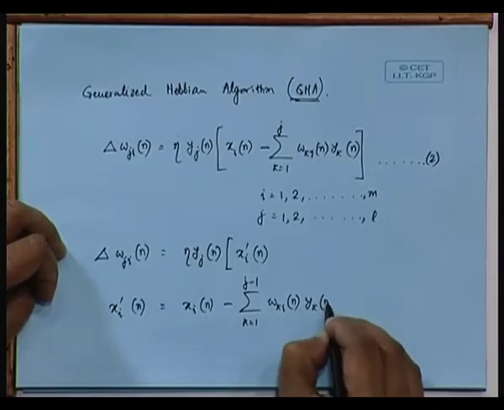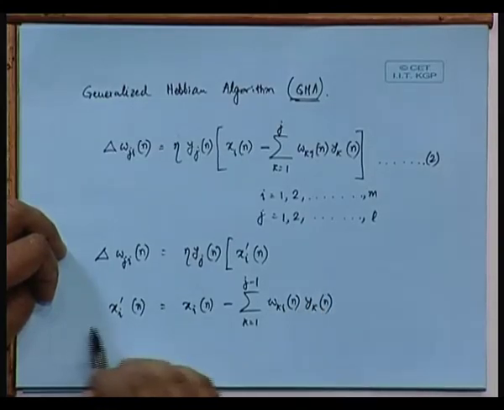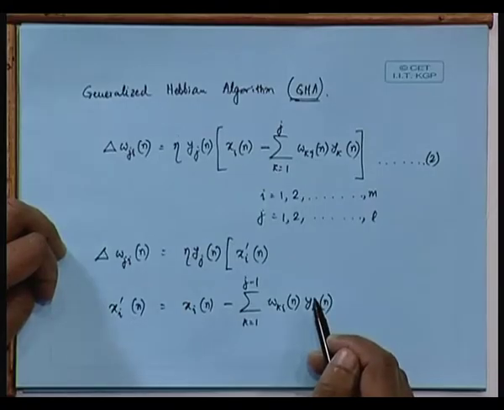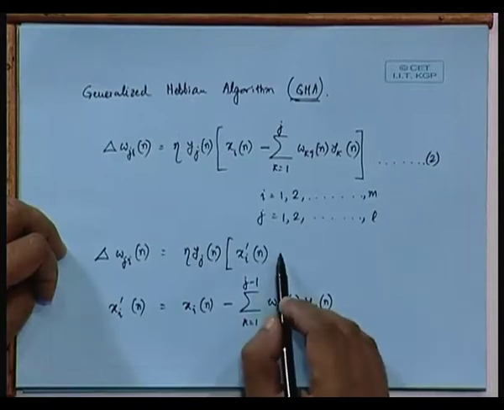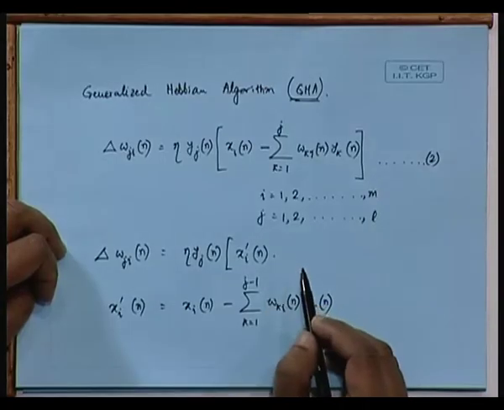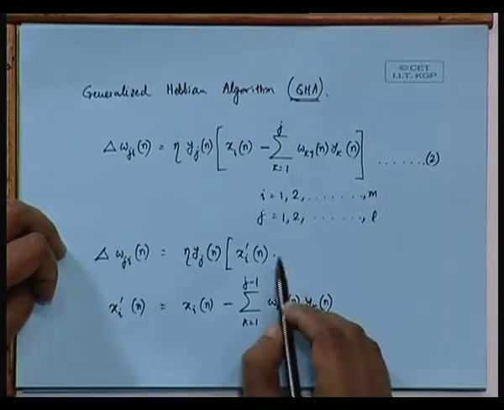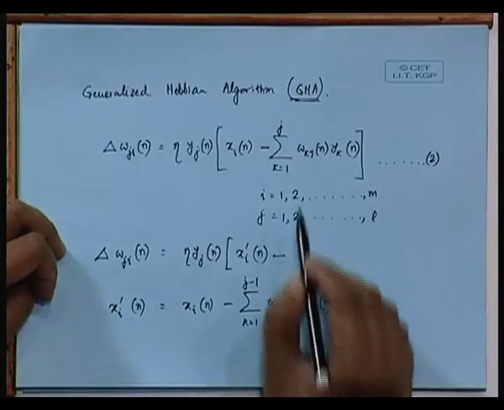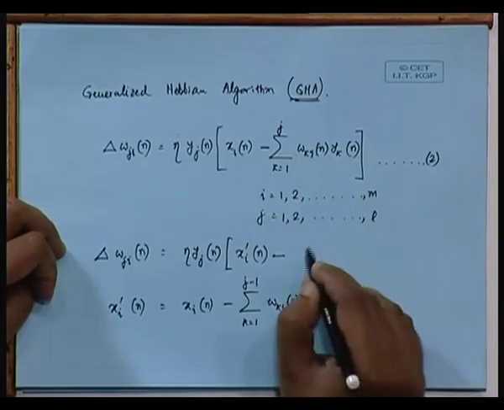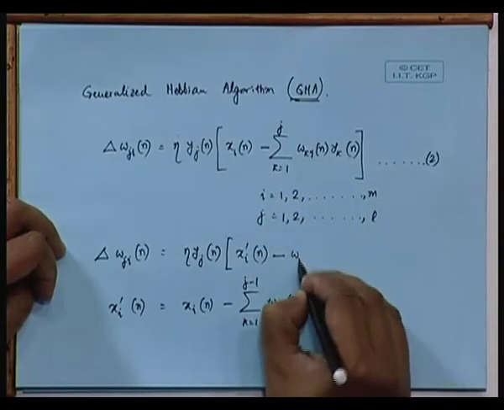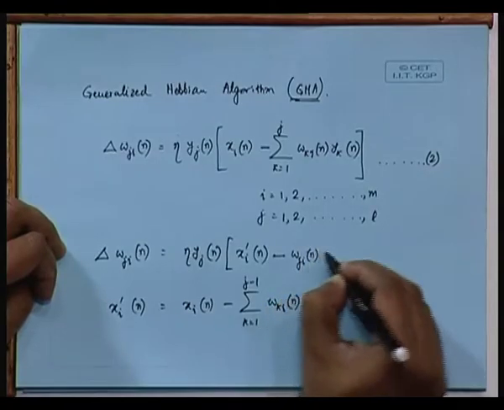yk(n). So, if we define the xi' like this, then we will be left with some other term over here. So, what will be there after this? It will be xi'(n) minus, obviously, because all these terms are minus, wji(n) yj(n).